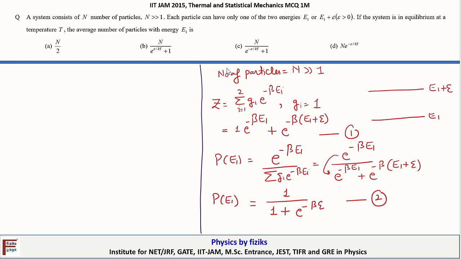Now to determine the average number of particles with energy E1, let's call that N1 average.